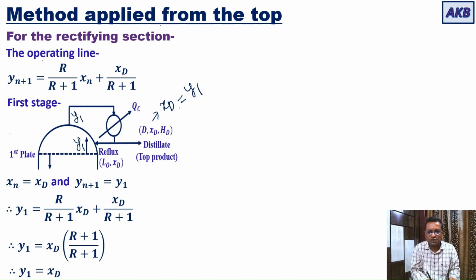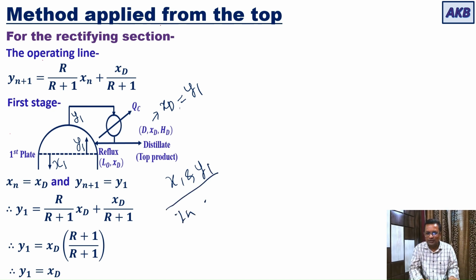Y1 is the composition in the vapor that is leaving the first stage, and X1 is the composition in the liquid that is leaving the first stage. Since we are talking about ideal stages, this being an ideal stage, X1 and Y1 will be in equilibrium with each other.